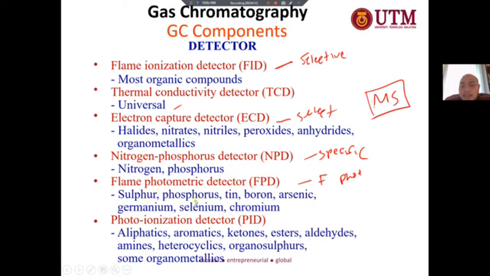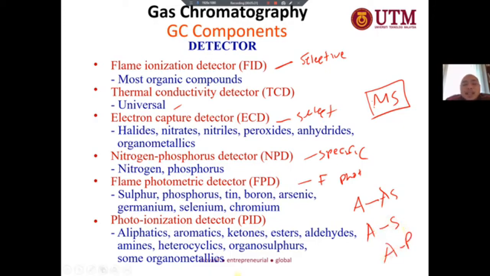Like I mentioned before, it's very specific to few types of chemicals, for example, sulfur, phosphorus, tin, boron, arsenic, germanium, selenium, and chromium. It's not that FPD is used to detect this element, but FPD is for the compound that contains, for example, sulfur, the compound that contains phosphorus.